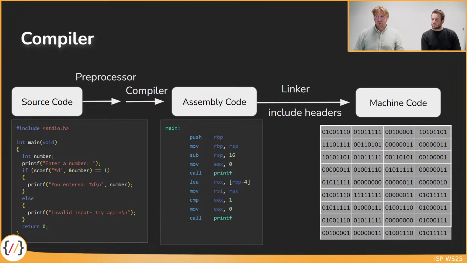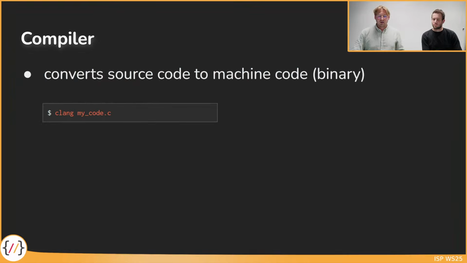Once we have the assembly code, there is also the linker, which includes headers, for example. And in the end, we have machine code, so we have zeros and ones that are produced using the assembly code. This is the thing that we can run, that we can execute, and that is understood by the computer when we execute it.